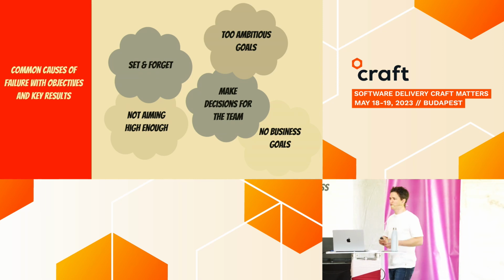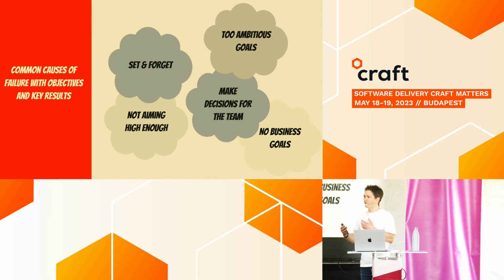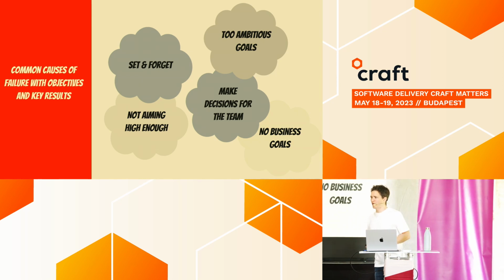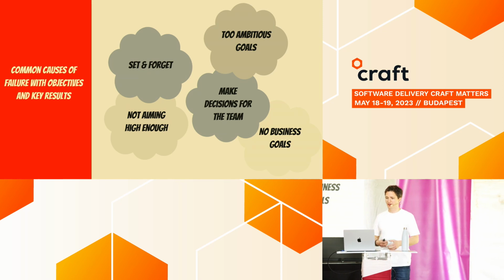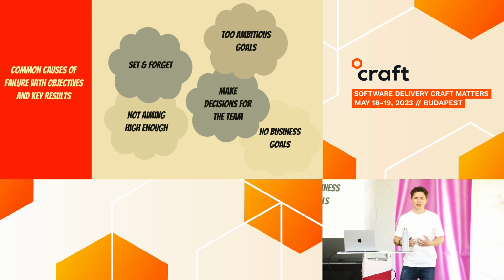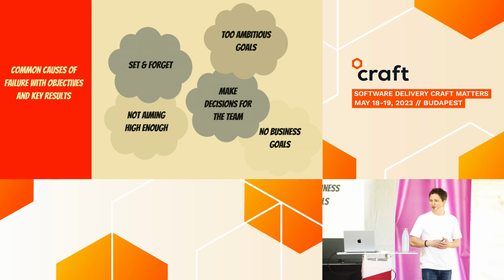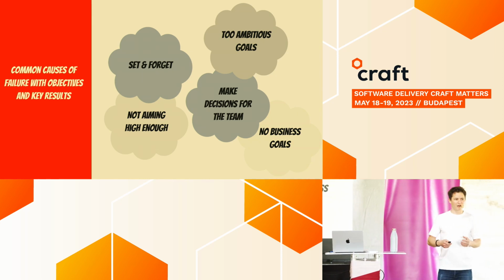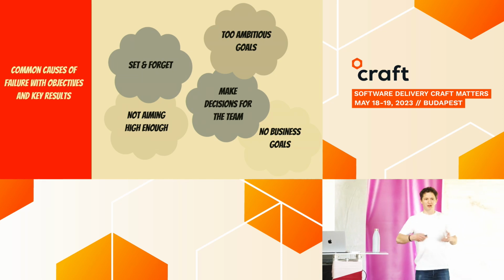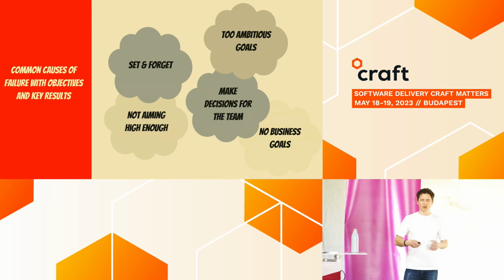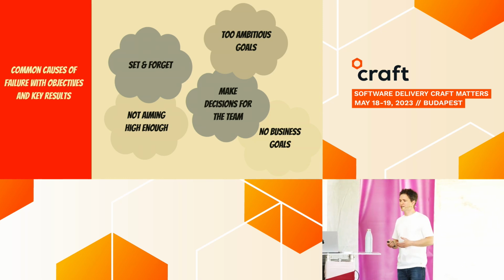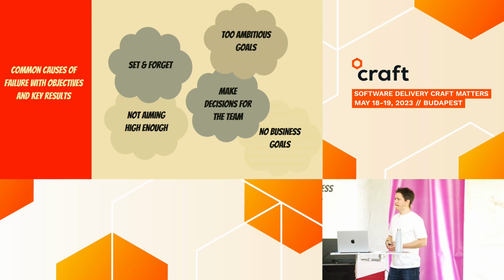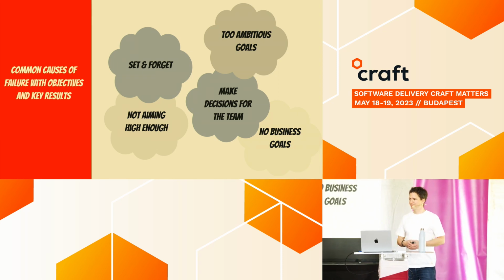And when we do that, we rob the team of autonomy, and therefore it doesn't really work very well, because teams can no longer decide how they want to achieve their objective, and therefore they can't really own what they're doing. Now a final common cause for failure is a lack of a business goal. Let's say replacing Kafka with some cloud-native technology. Although that might be a worthwhile project, it's not something that will be very effectively managed using OKRs.